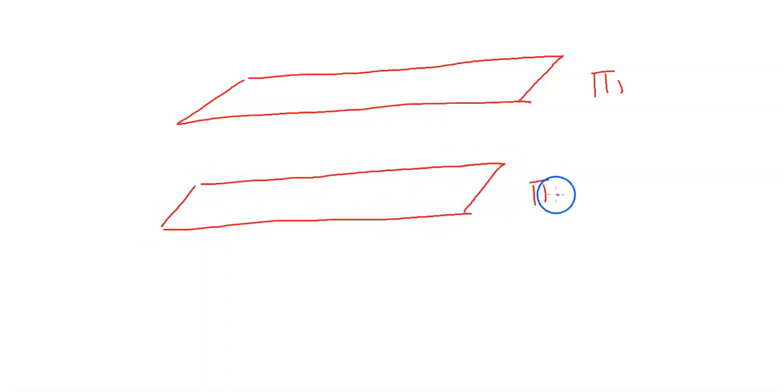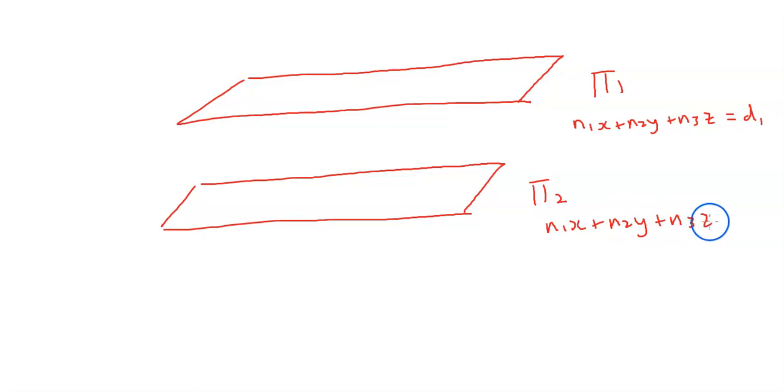And let's say they have equations n1x plus n2y plus n3z is equal to d1, and n1x plus n2y plus n3z is equal to d2.